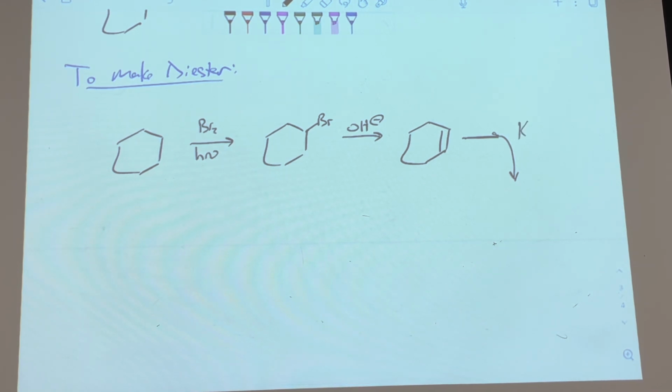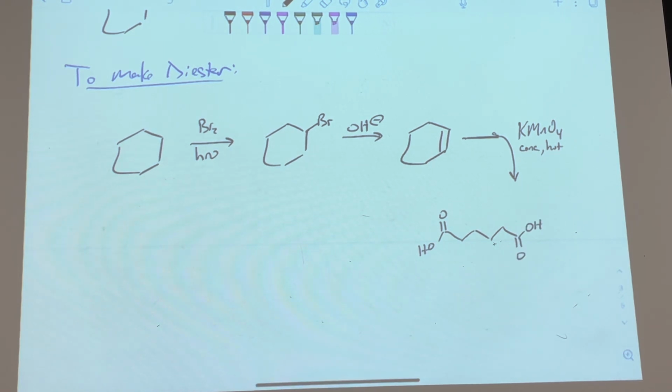Yeah, why? Carboxylic acid. Because I want carboxylic acids. So this would give me a 6-membered diacid, actually. How do I make my ester? Because we don't do a Claisen with a diacid, we do it with a diester.